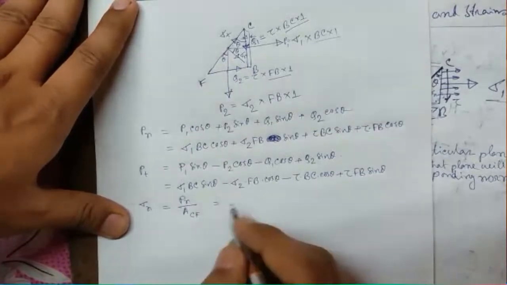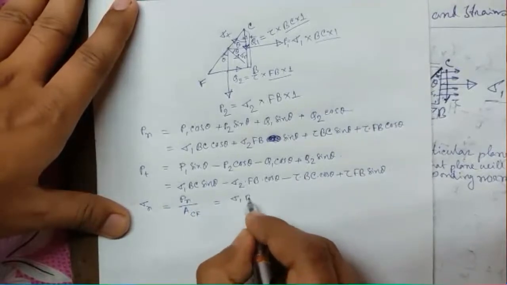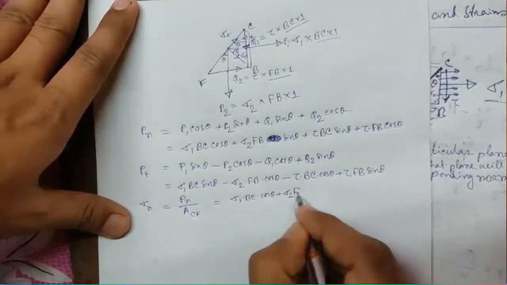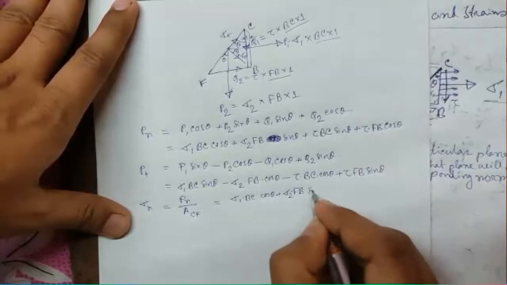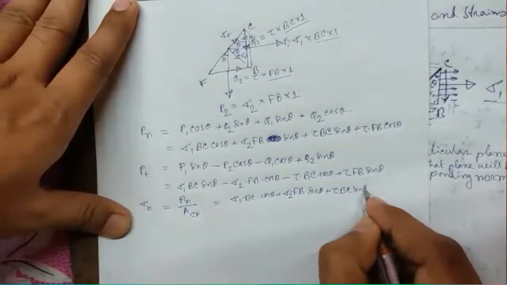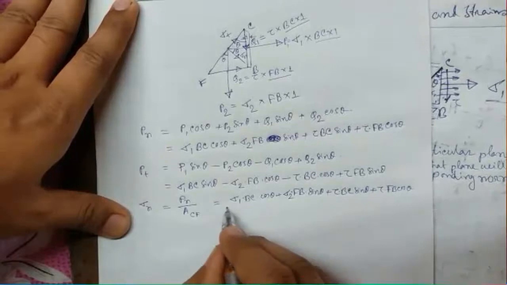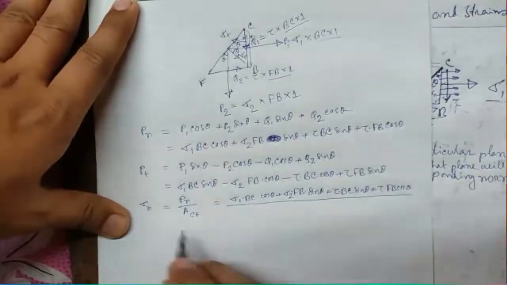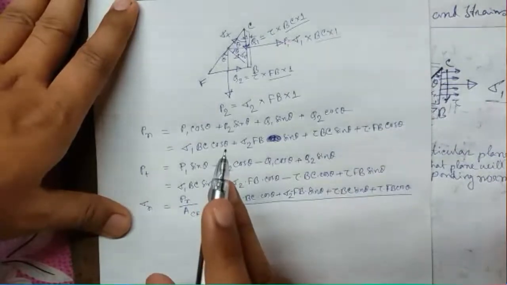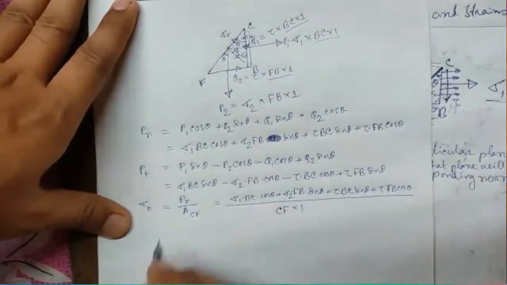So sigma 1 into BC cos theta plus sigma 2 into FB sin theta plus tau into BC sin theta plus tau into FB cos theta, that is the force, divided by the area of CF, whose length is CF and thickness is 1, so CF into 1.